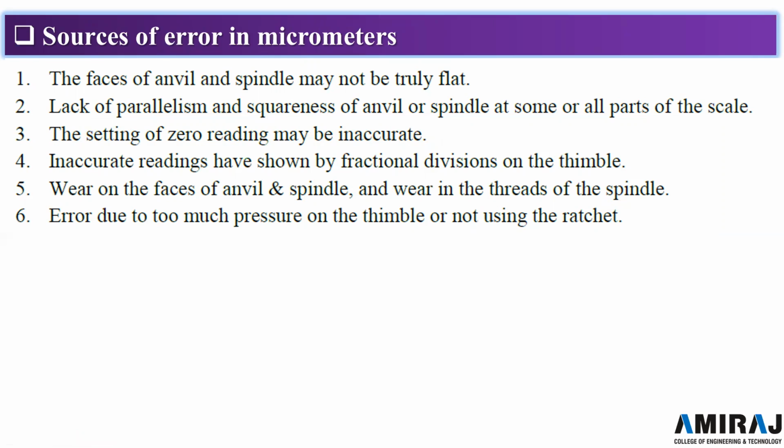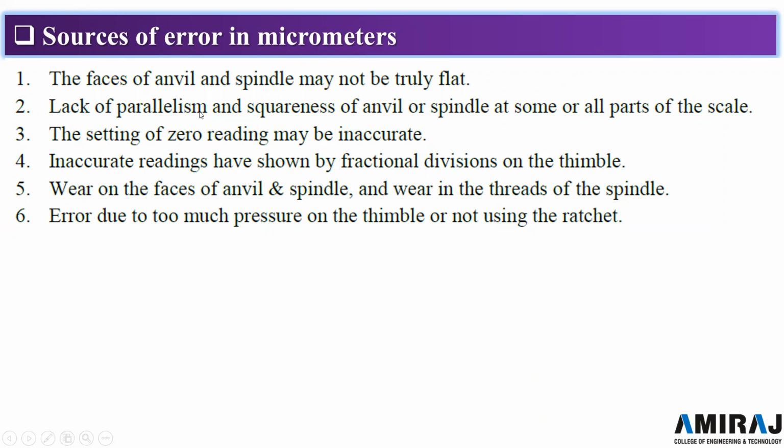In a micrometer, if the faces of the anvil or spindle are not true, then there is a possibility of error. Another error is lack of parallelism and squareness of the anvil or spindle at some or all parts of the scale.